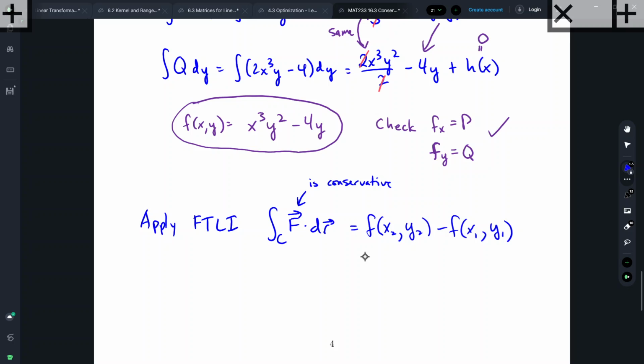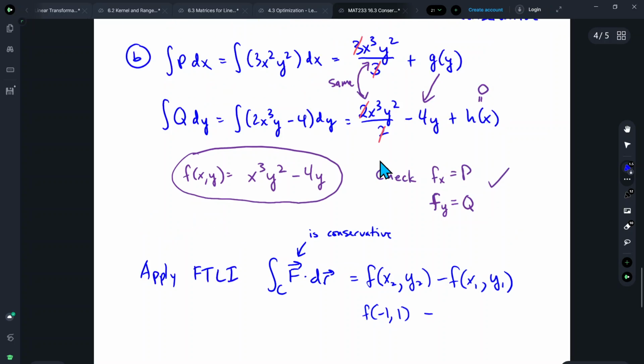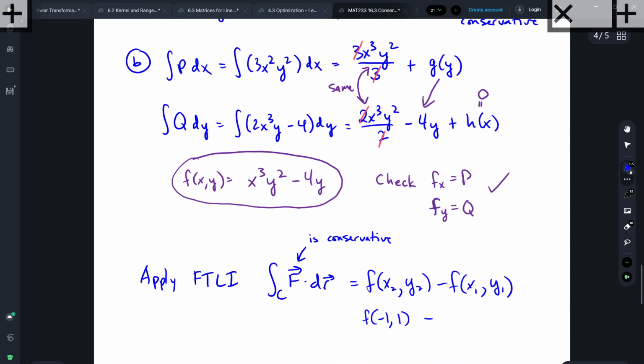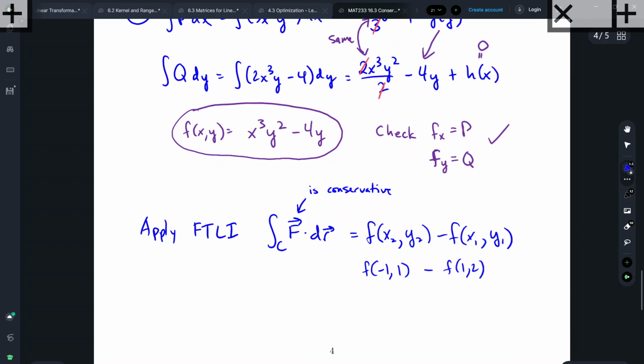So these are the 2 points, negative 1, 1 and 1 comma 2. I have to plug that into my potential function. So negative 1 cubed times 1 squared minus 4 times 1, minus 1 cubed times 2 squared minus 4 times 2.